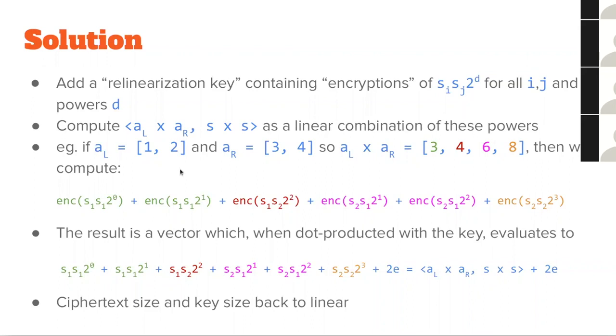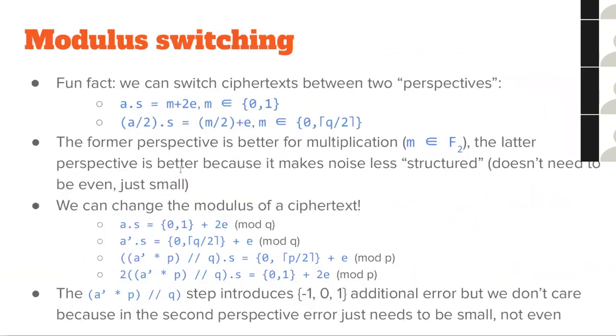Okay. So here is the magic trick to make your error blow up less quickly. First, a fun fact: we can switch ciphertexts between what you can think of as two perspectives. One perspective is your ciphertext is A, and A dot producted with S equals M plus 2E, where M is either 0 or 1.